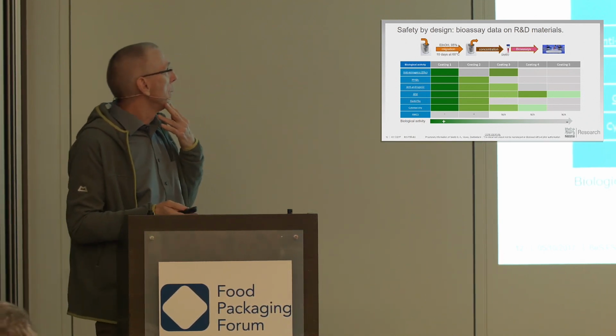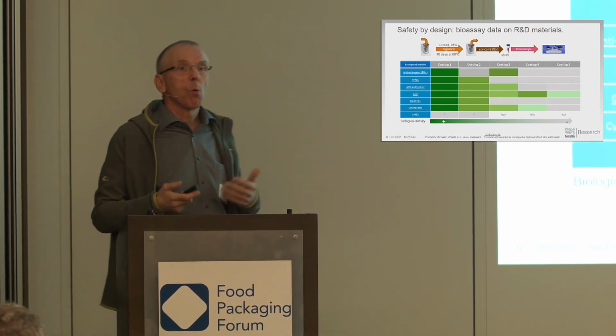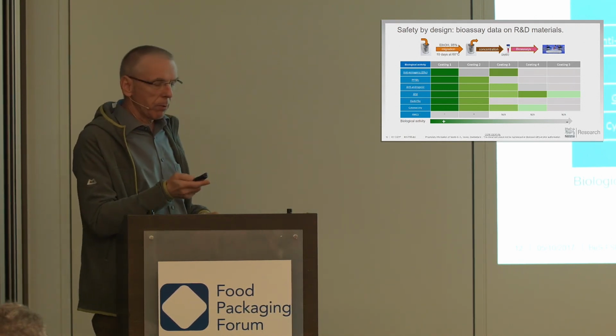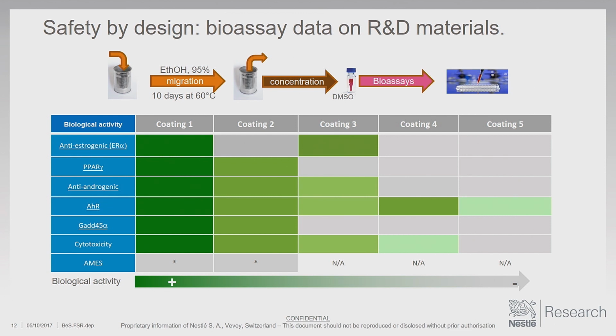material migrate. Now, for what we should do that, I will focus just on 2 examples. There are others, but the first one is illustrated in this example. It's about what we call safety by design. It is about testing early new products and seeing whether we can discriminate.